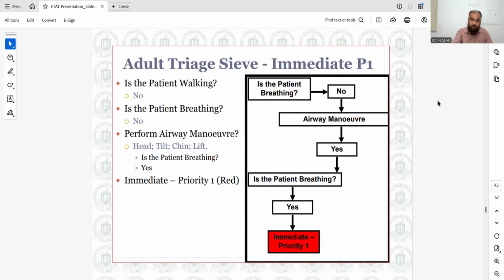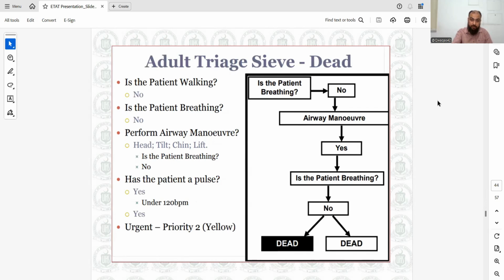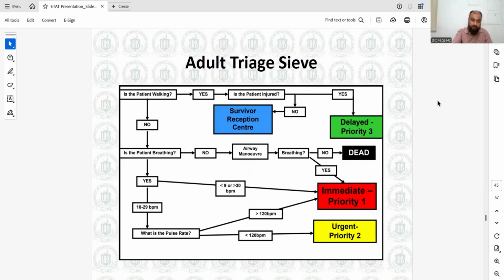If the patient is not breathing, we will secure the airway, and if the patient starts breathing, we give immediate priority. If the patient arrives with no breathing and the airway maneuver doesn't result in breathing, then the patient should be declared dead. So this is the summary which we already described.